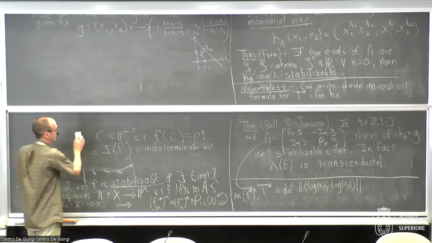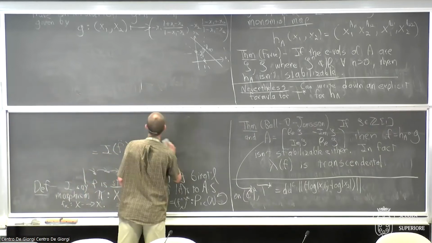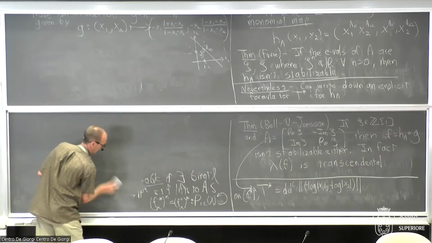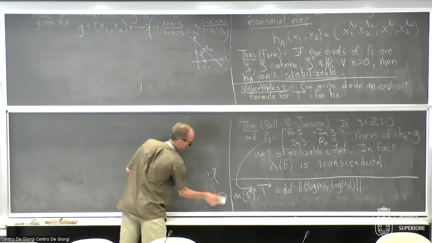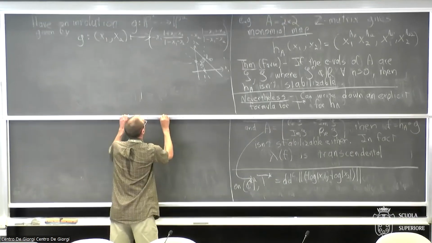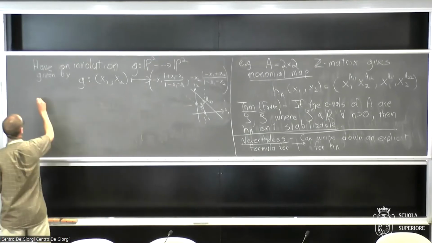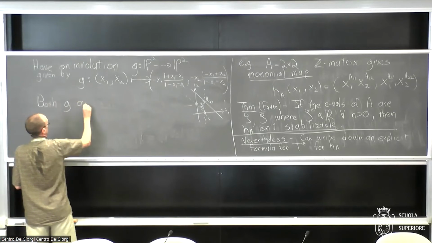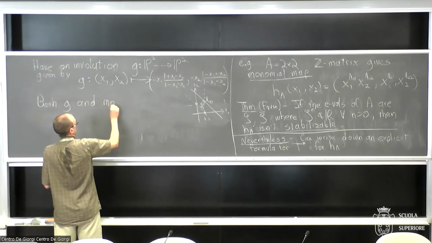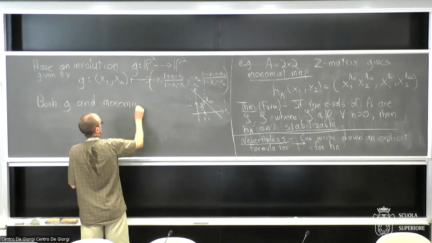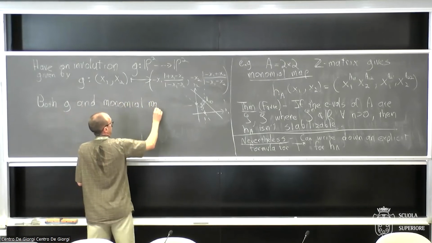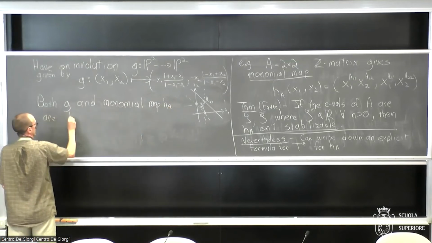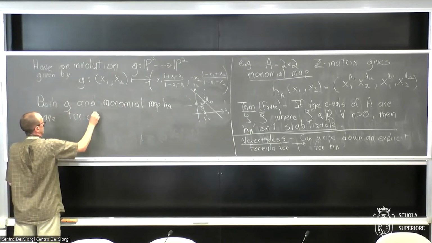Something that might make you feel a little bit better about that map G. Both G and any monomial map H_A are what I've been calling toric.